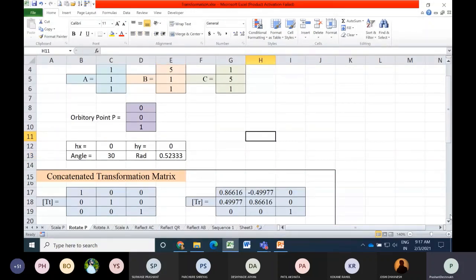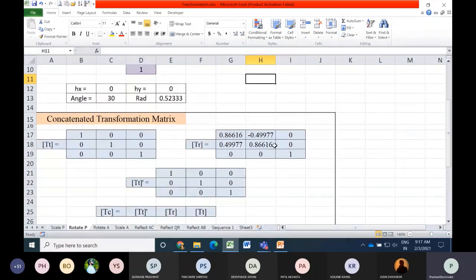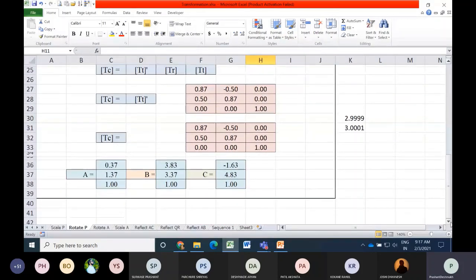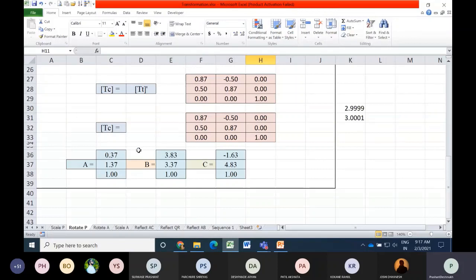So your transformation matrix will be like this: 0.866, minus 0.5, 0.5, and 0.866. So this remains the identity matrix, so even if you multiply by I, there will not be any problem. So these are your transformed coordinates. Now check your coordinates.